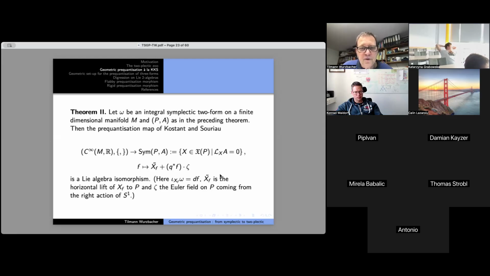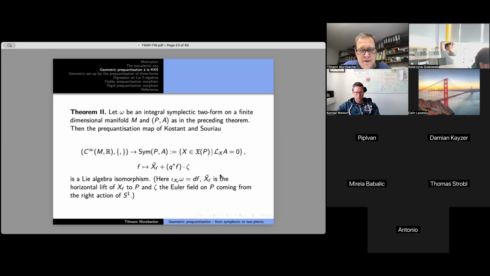And this is this well-known formula which I learned from Kostant, from the long article of Kostant on prequantization in the 1970 lecture notes volume Analysis 3, edited, I think, by Atiyah. You take F, you take the Hamiltonian vector field associated to F on the base manifold, X_F, and you take the horizontal lift of X_F to the total space. Because you have a connection A, you can take the lift.